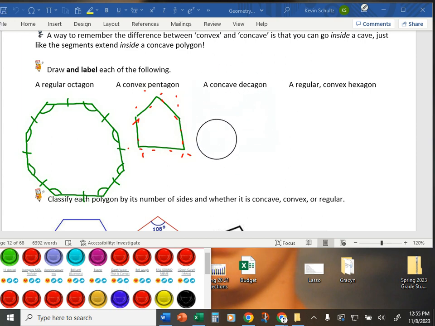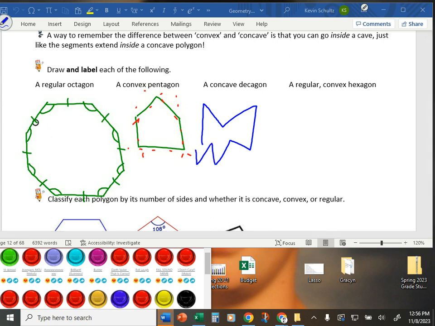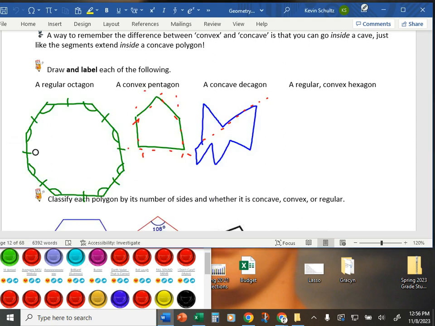She's got this. 1, 2, 3, 4, 5, 6, 7, 8, 9, 10. That is a concave decagon because when you extend these sides, it's going to pass through. Job well done, Maddie.